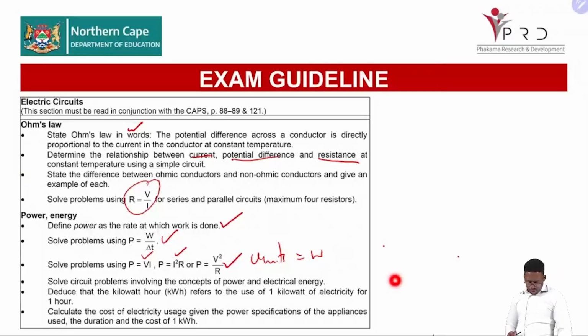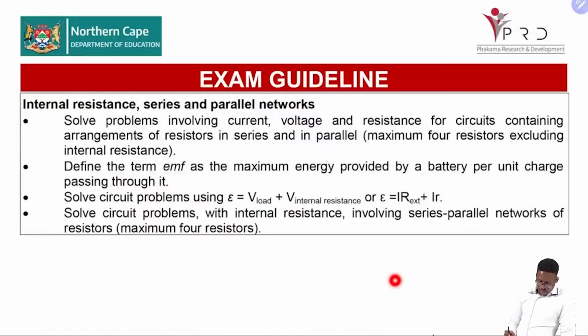Also, the cost of electricity, you can be required to perform a calculation. Solve problems. I always say here, in grade 12, the circuit diagram, if you are given the EMF, you will be required to calculate the internal resistance.